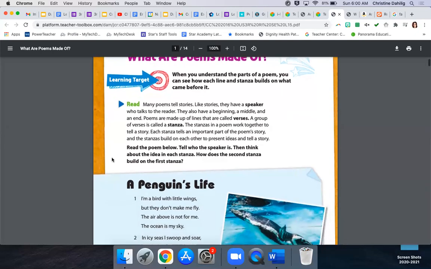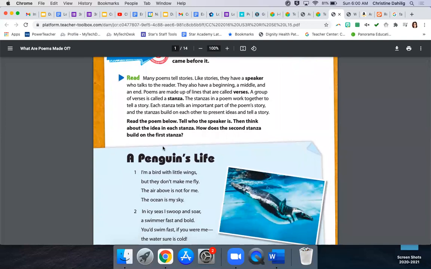So I'm going to stop there for just a moment and direct your attention down to this poem that we will be reading in just a moment entitled A Penguin's Life. So please take a look where it says number 1. You're going to see 4 lines here. These lines are called verses, and these 4 lines or verses create a stanza.